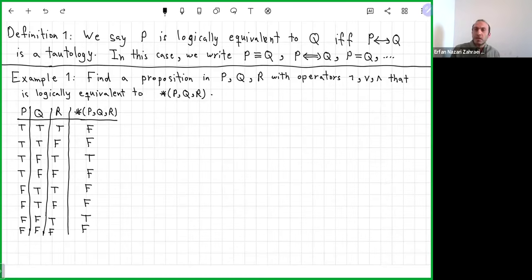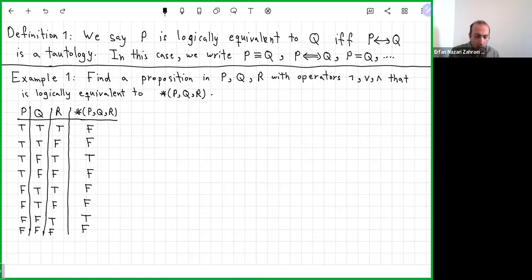At first, you may think that it's really hard to come up with a proposition that is equivalent to this. But actually, there is a very straightforward and mechanical solution to these kinds of questions.